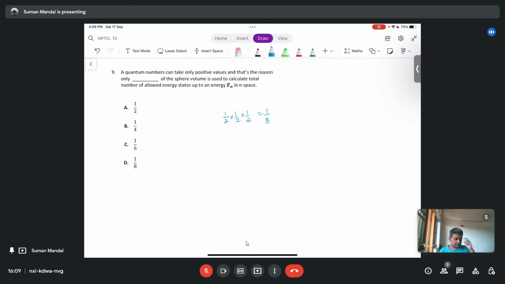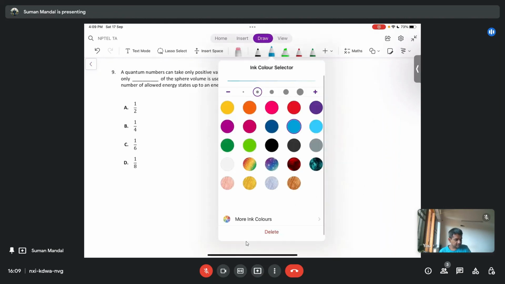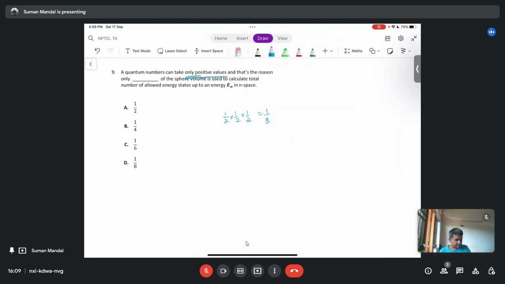Why is that? Because these quantum numbers nx, ny and nz can have only positive integral values.